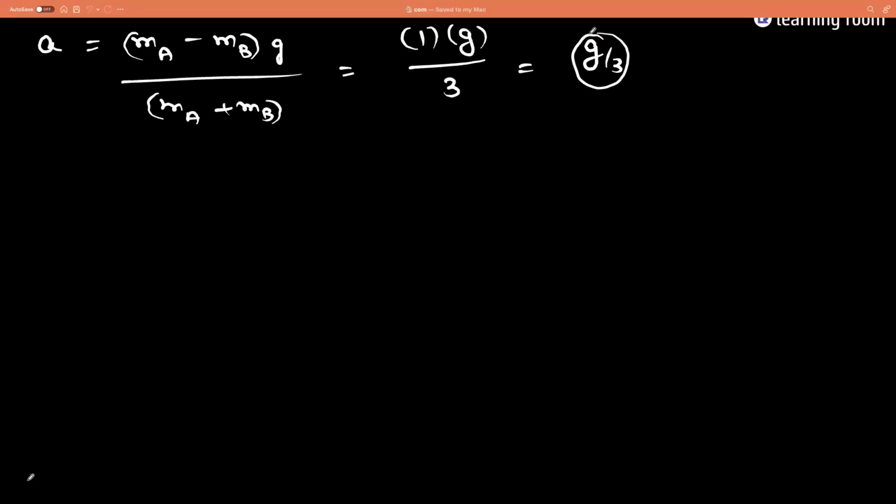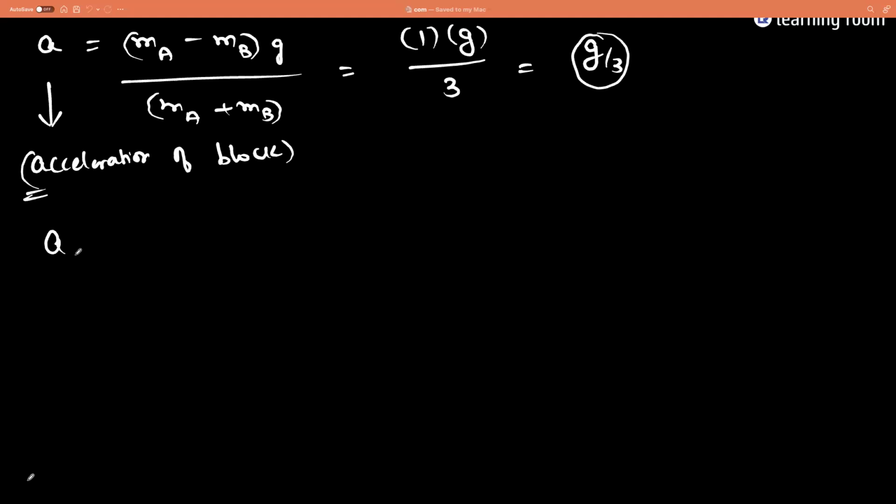Right. So this is the acceleration of the block. I have to do a small correction. This is the acceleration of the block.